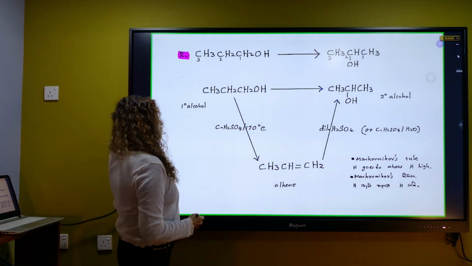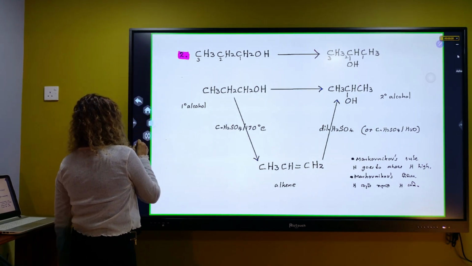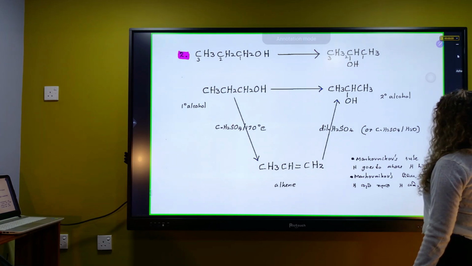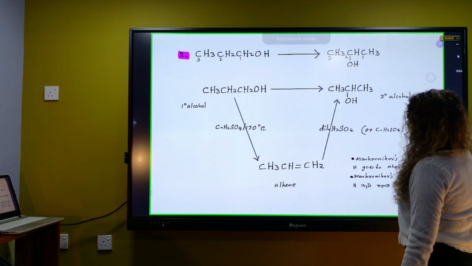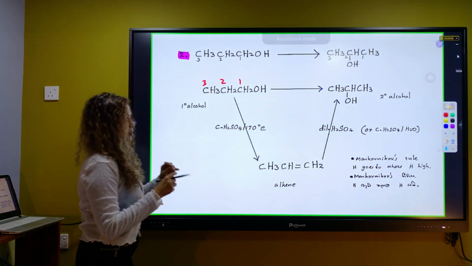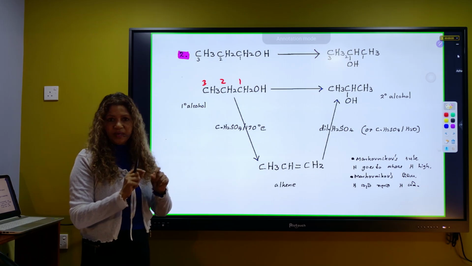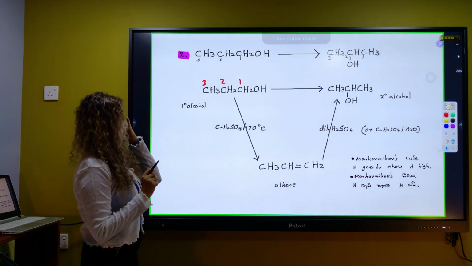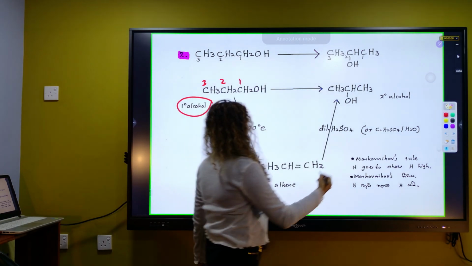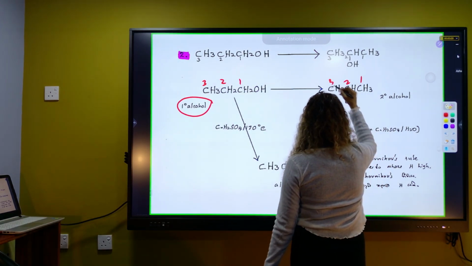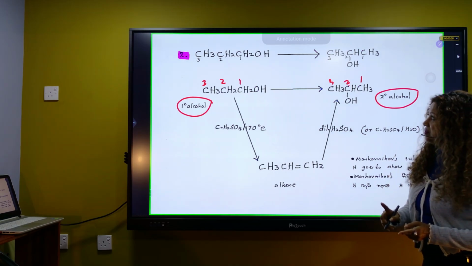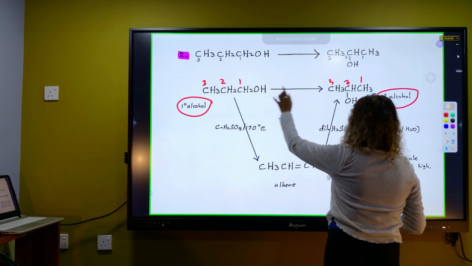If you number this, you have carbon number 1, 2, 3. So they have given the compound. Now I'm trying to analyze the initial and final compound. So this is a primary alcohol. Moving to the other side, I'm numbering 1, 2 and 3. So you can see this is the secondary alcohol. So they want us to convert this terminal alcohol to a middle alcohol.